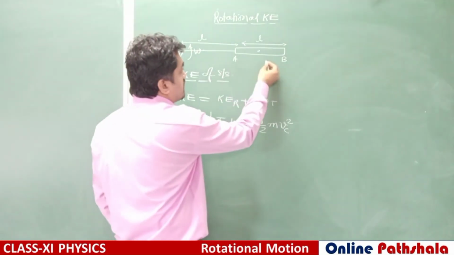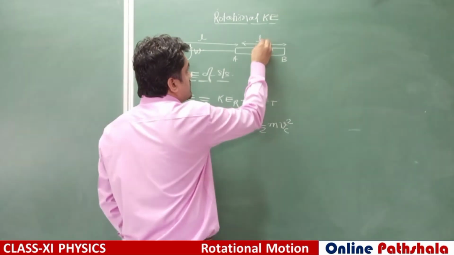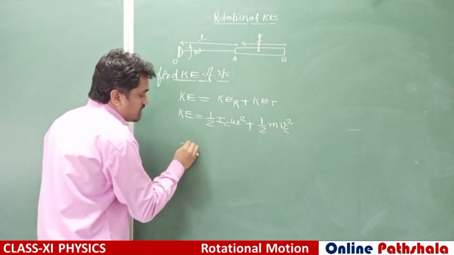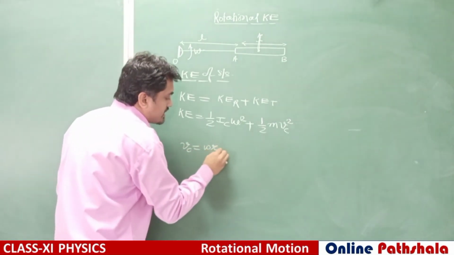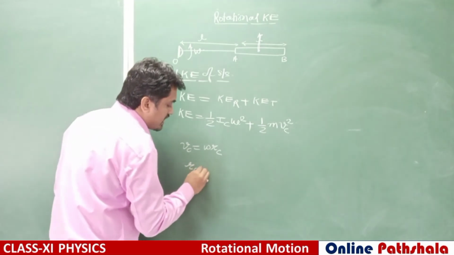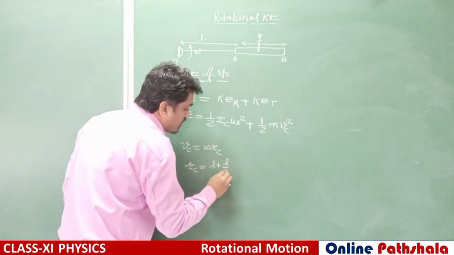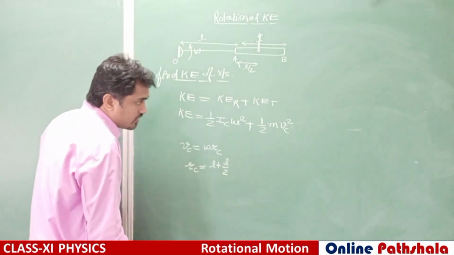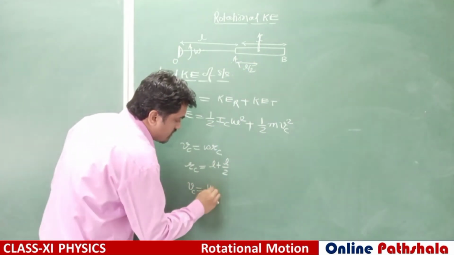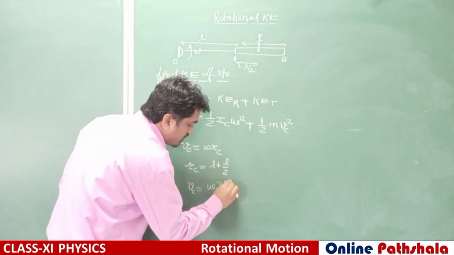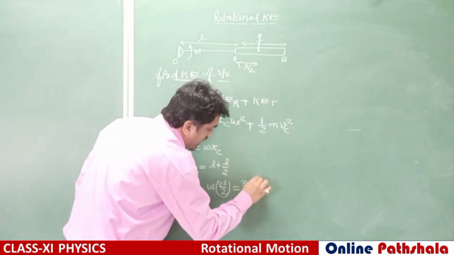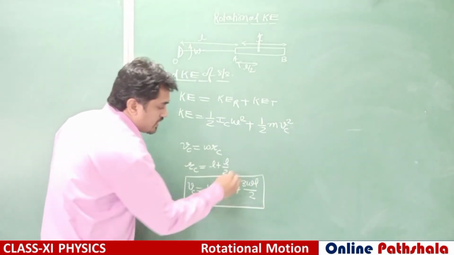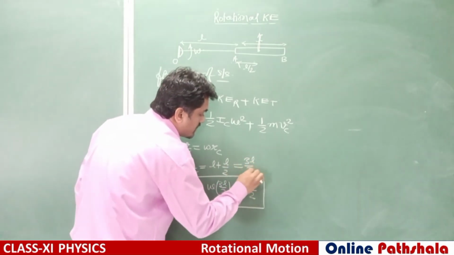It should be the midpoint of this rod. So Vc is equal to omega into Rc. What is Rc? Rc is equal to L plus L by 2. This length is L by 2. So Vc in this case is omega into 3L by 2, means 3 omega L by 2. This Rc is equal to 3L by 2.